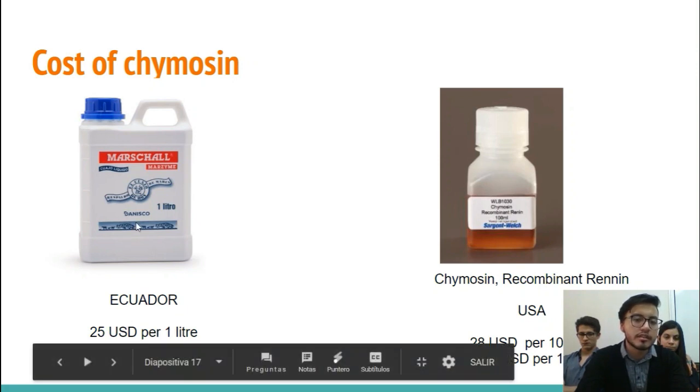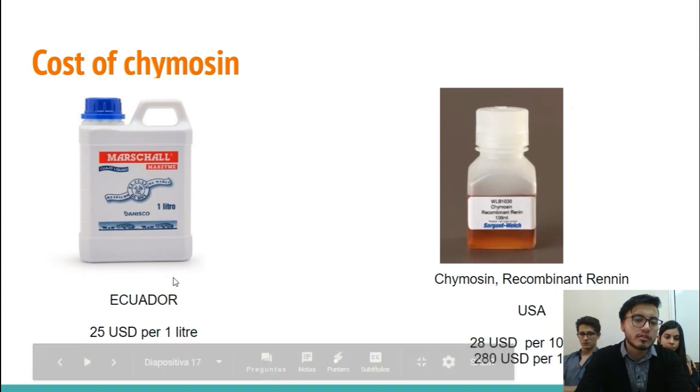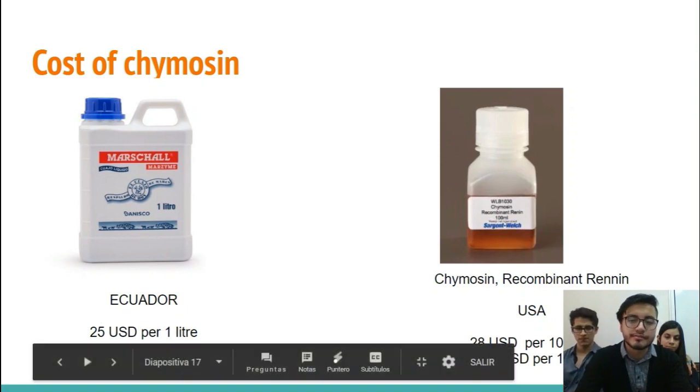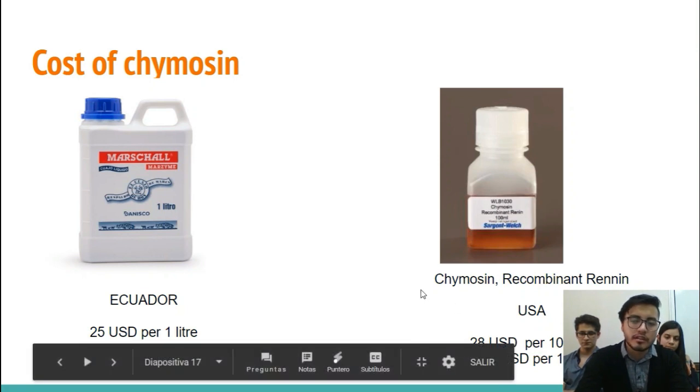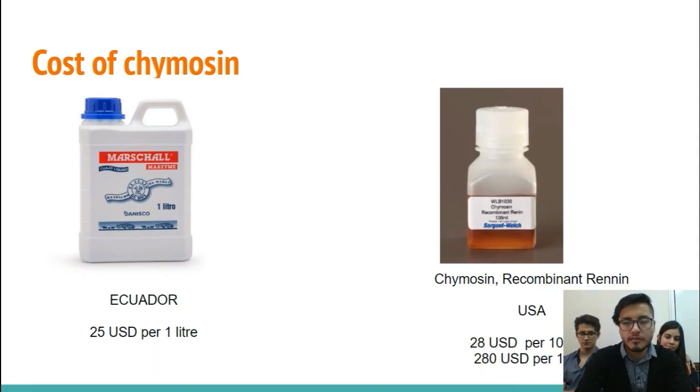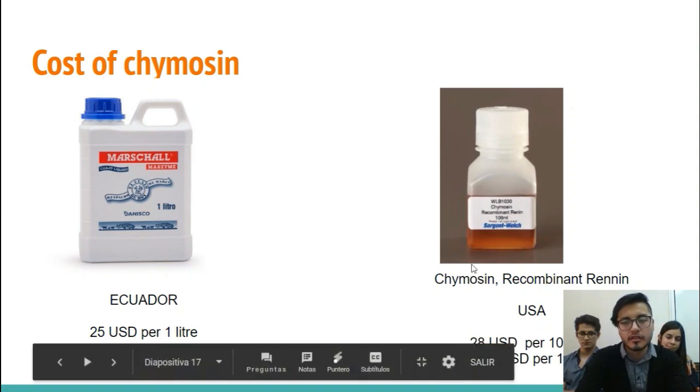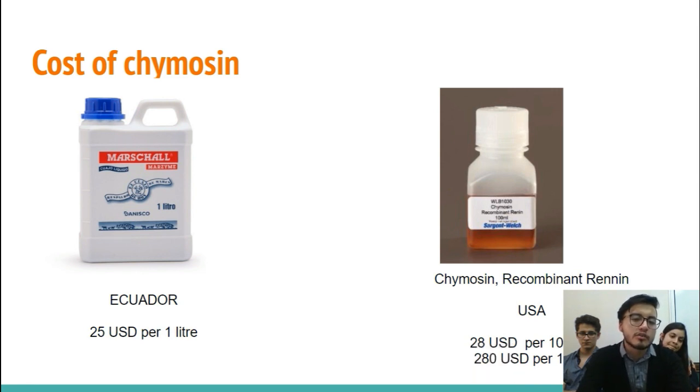For example, the Marshall one, 1 liter costs $25. For the chymosin recombinant renin, 10 milliliters cost $28. But if we want 1 liter, we have $280.